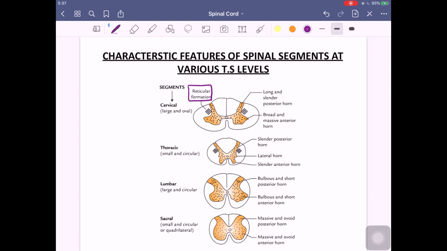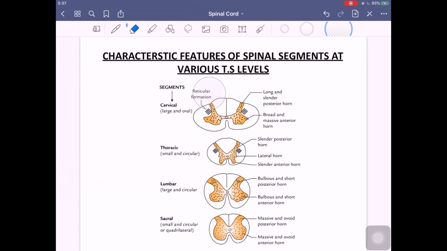If the thalamus is like a chocolate, the reticular nucleus is like the wrapper around it. Until that point we have the reticular formation. It is seen mainly in the cervical part, and only the initial part of the thoracic region may also show it.